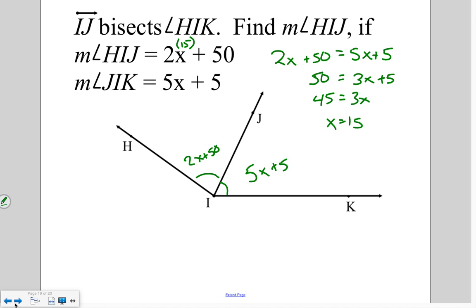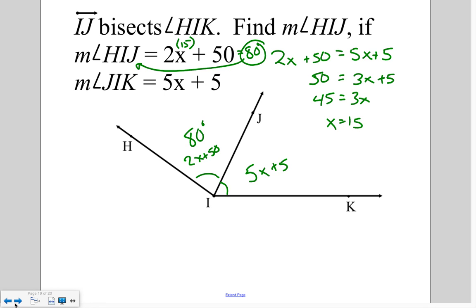And 2 times 15 is 30, and 30 plus 50 is 80. So I get 80 degrees for the measure of HIJ.